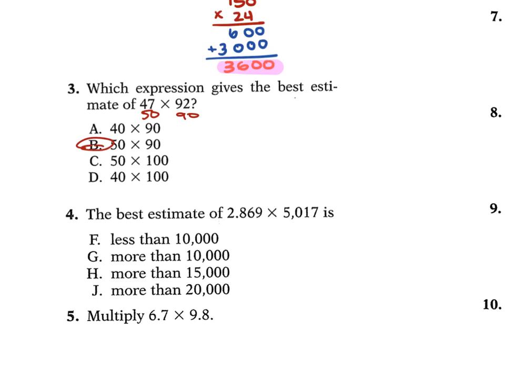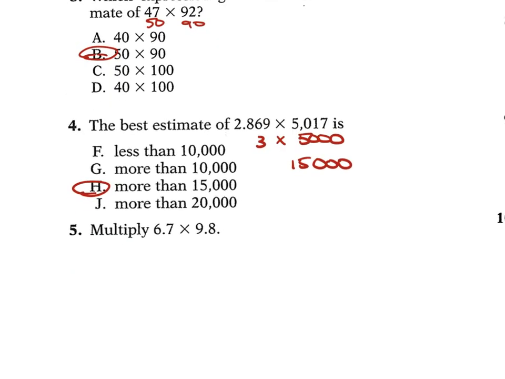Well, the 2.869 could round to 3 times 5,000 would be 15,000. However, the 5,017 is more than 5,000, and the 2.869 is less than 3. So I would think that this would be a little bit more than the 15,000. And since our H has that 15,000 in it, and that's what we got when we estimated this, we're going to go with H.